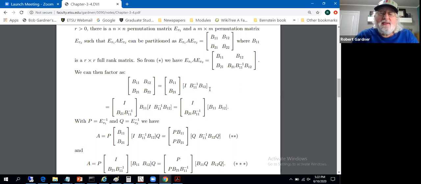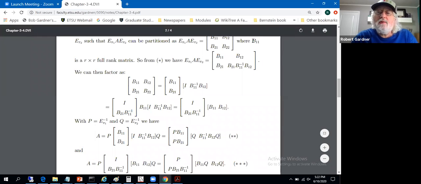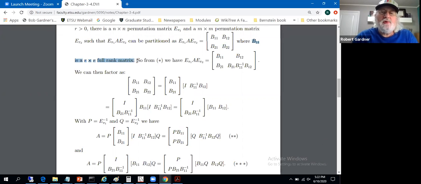Now we're going to take this and manipulate it a little bit. We're going to effectively factor a B11 out of the first matrix. Can you do that? Does B11 inverse exist? Yeah, B11 was full rank. Its rank is R, it says that somewhere upstairs, there it is. B11 is a full rank square matrix, so it is invertible.